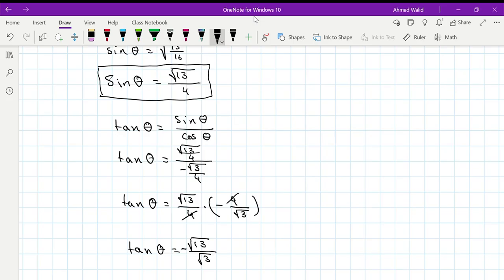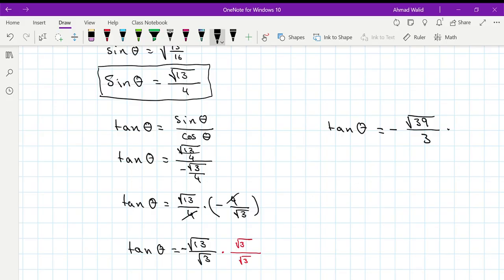I will multiply top and bottom with radical 3, correct? Then I can write tan theta equals radical 13 times radical 3 gives you radical 39, negative radical 39, over radical 3 times radical 3 gives you 3.